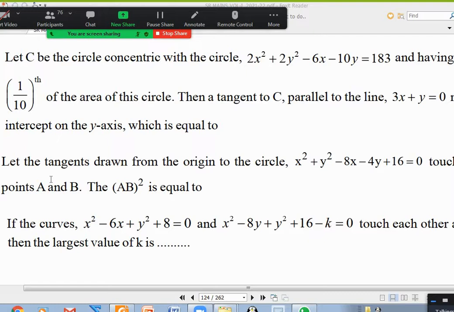Sir, it is the length of the chord whole square. Yes, correct. Sir, first we'll find the foot of the perpendicular to the chord. Then, using the formula 2 into root under minus S11.